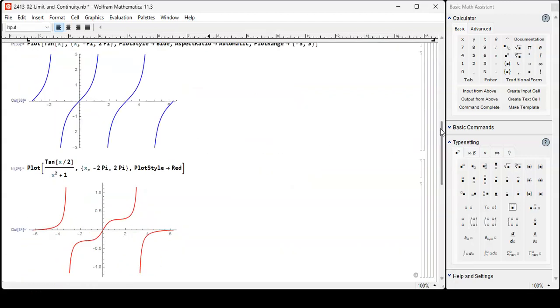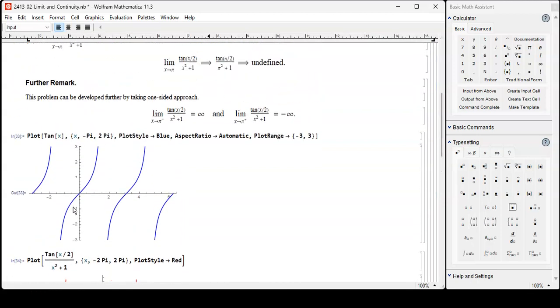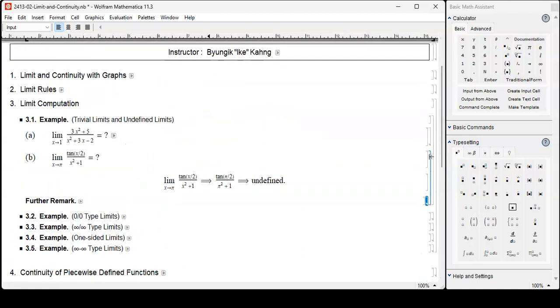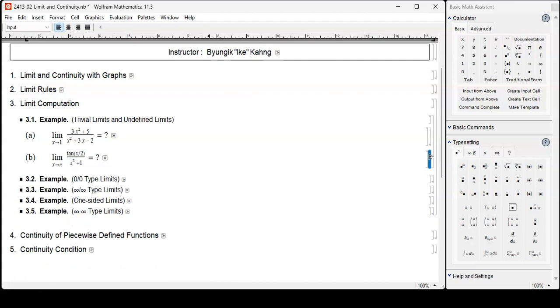Depending upon whether I follow the graph from the left or from the right, pi over 2 minus, pi over 2 plus, we may get positive infinity or negative infinity. Yes, we can decompose like that, but that's not what this problem asks. So just plug it in and then we get nothing, so undefined.